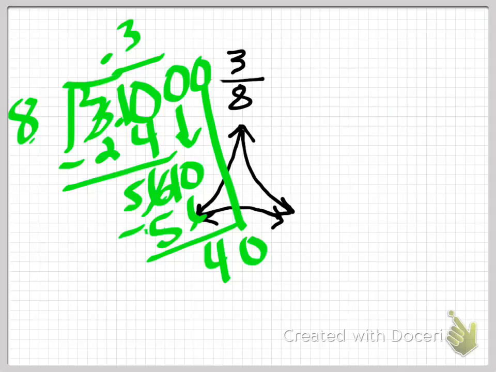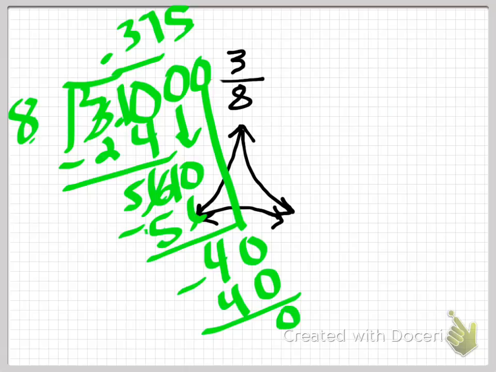How many times does 8 fit into 40? Oh, I'm sorry. I forgot to put the 7 right here. 5 times. 8 times 5 is 40. Now I have a remainder 0. And my decimal is 375 thousandths. Okay, so I'm going to go ahead and write that down.